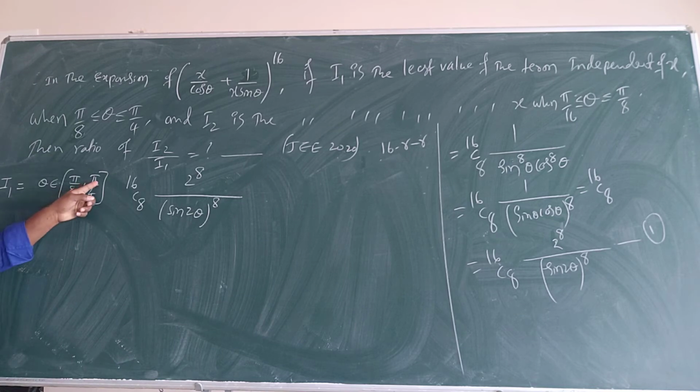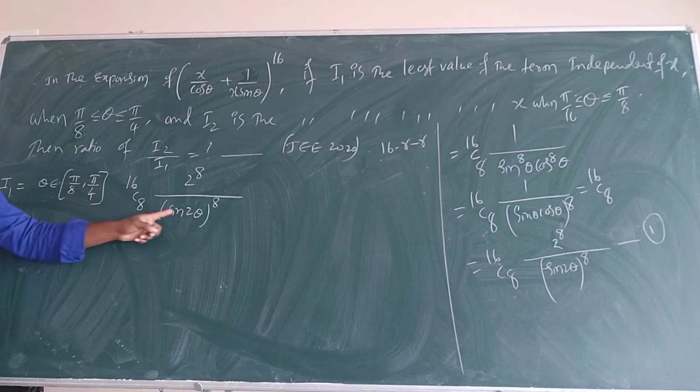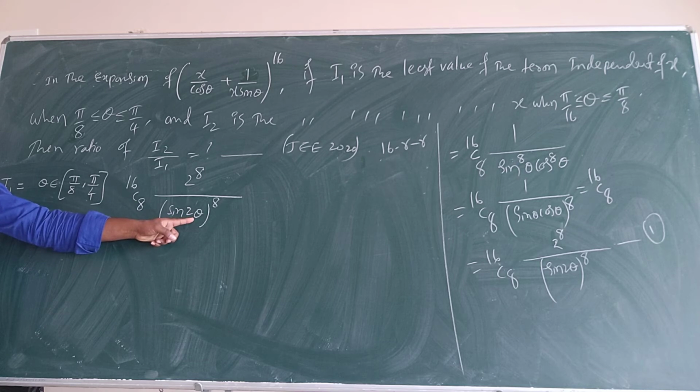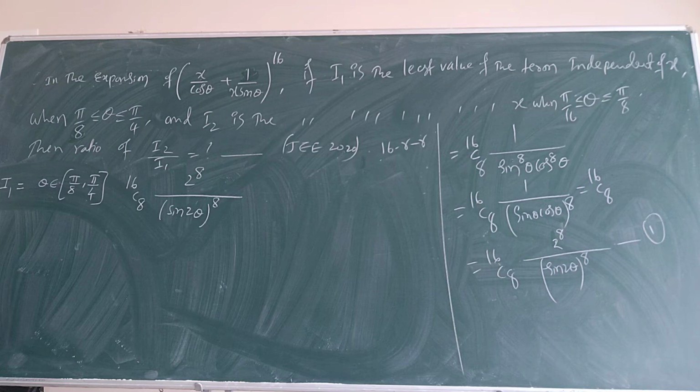Now look here, I keep pi by 4 here. If I keep pi by 4, then θ plus pi by 4 will give me pi by 2, and sin pi by 2 is 1. See, when you keep the maximum value in the denominator, the value becomes minimum, right?